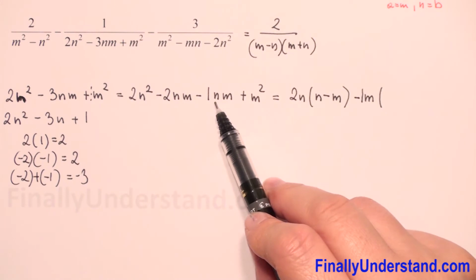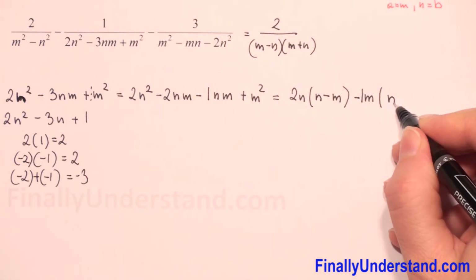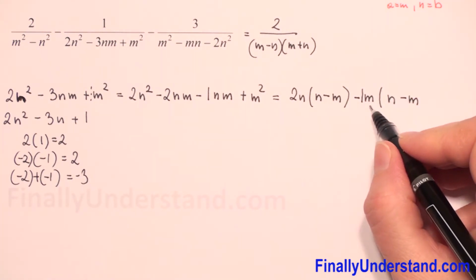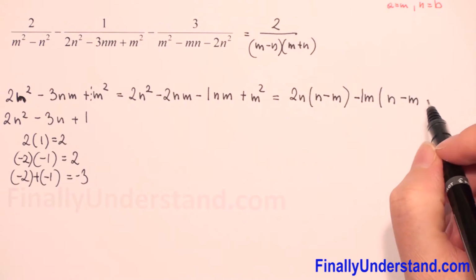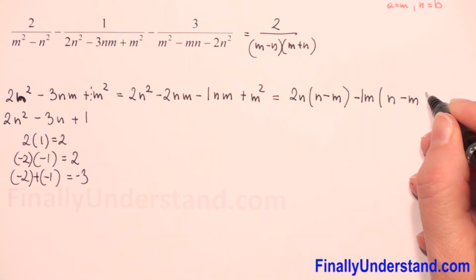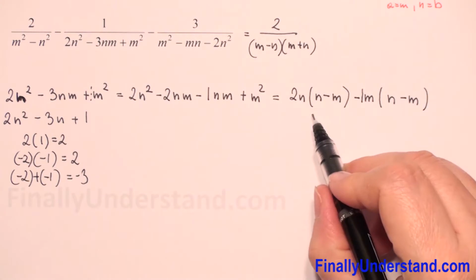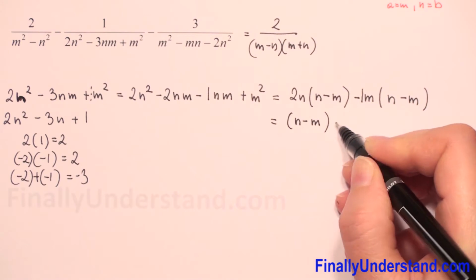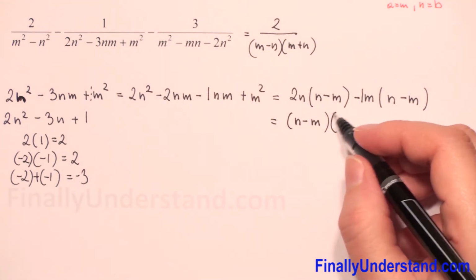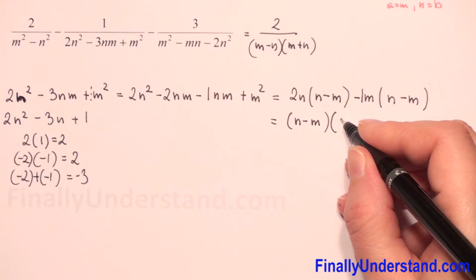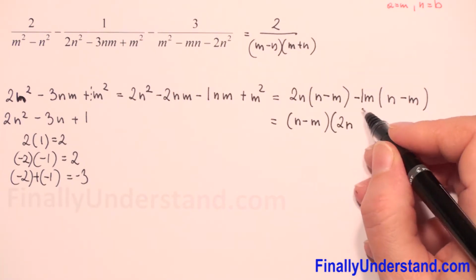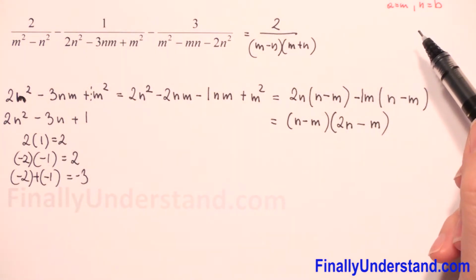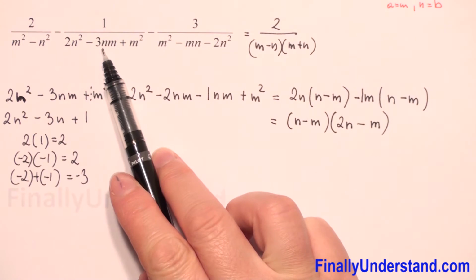And now in parentheses, whatever is left, so it will be n, and we will have minus m. Negative m times negative m gives me positive m squared. Now in parentheses we have the same term n minus m, so we can factorize this and whatever is left will be in the second parenthesis. So 2n minus 1m is just 2n minus m. So we factorized the second denominator.